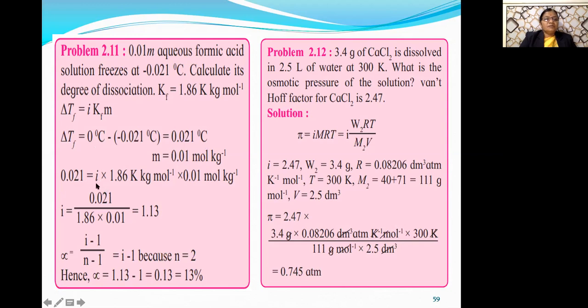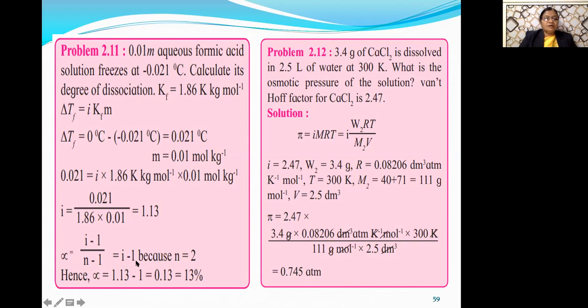So first calculate the Van't Hoff factor i from the given data. Kf is given, put in the value of Kf, molality is also given. From this relation, first find the Van't Hoff factor i by calculation. It becomes 1.13. From this i, it is possible to calculate the degree of dissociation alpha, using the relation we derived, i minus 1 upon n minus 1.